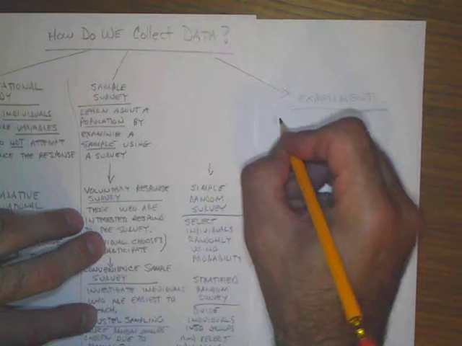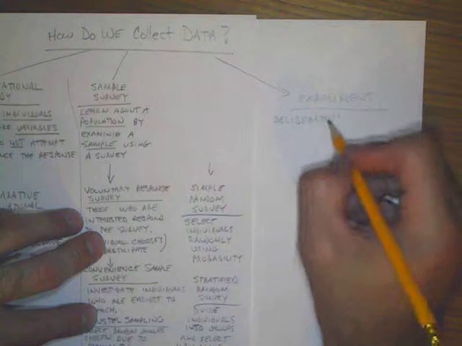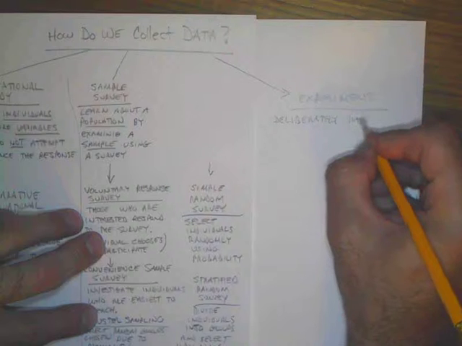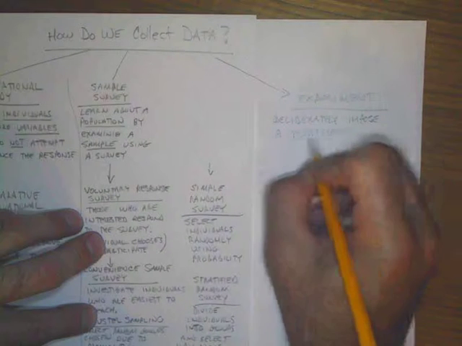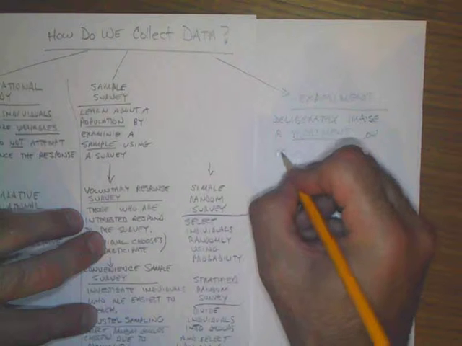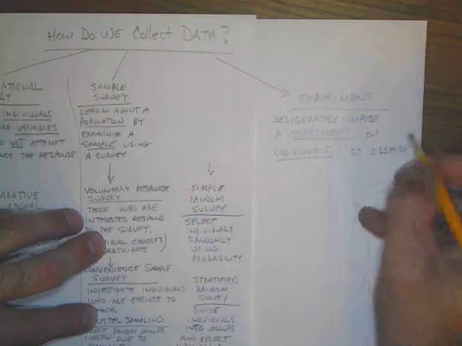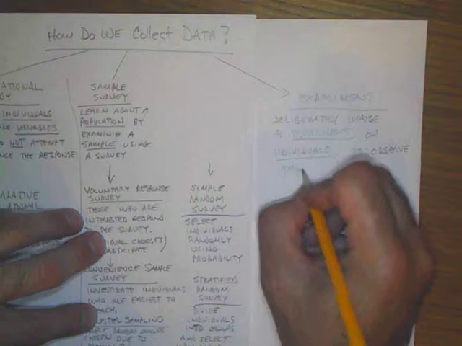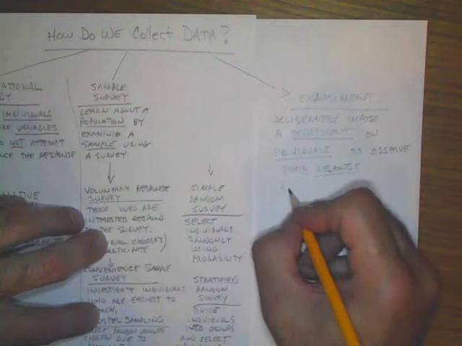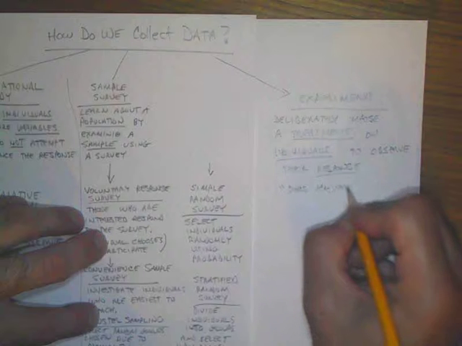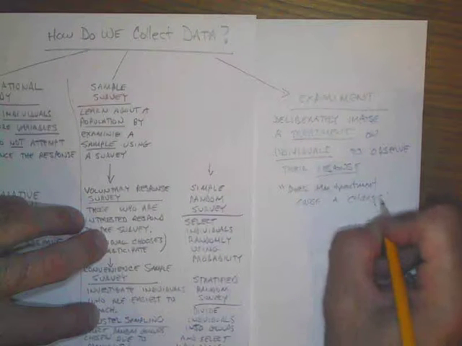And in this case, an experiment is when we deliberately, this is a word that means on purpose, so we on purpose impose a treatment on individuals to observe their response. So the question we're asking is, does the treatment cause a change?